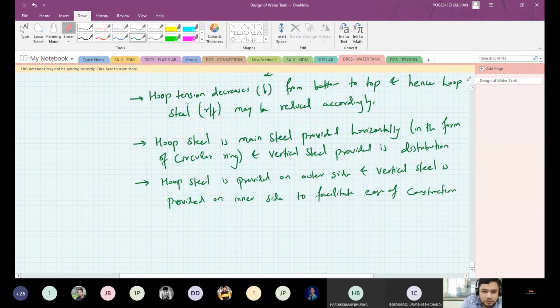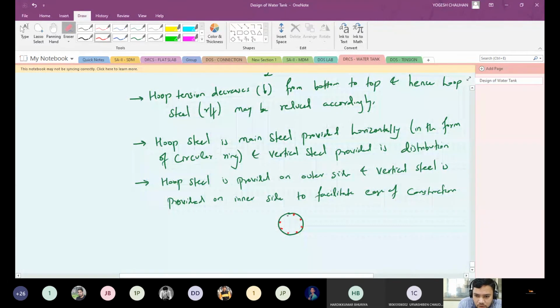Okay, that means the circular bars are the hoop steel, and the vertical bars are the distribution steel. This is in plan. We are looking at this in plan.